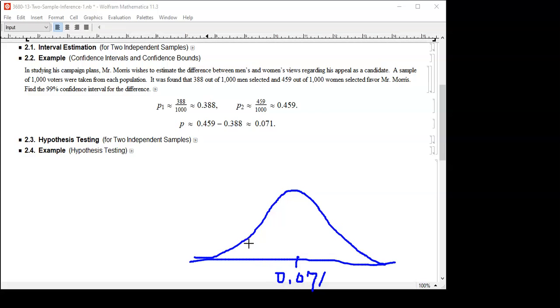And then we're going to find the 99% confidence interval. Okay, all right. So 99% in the middle like this, and then the other 1% should go either here or there, and the same goes here.